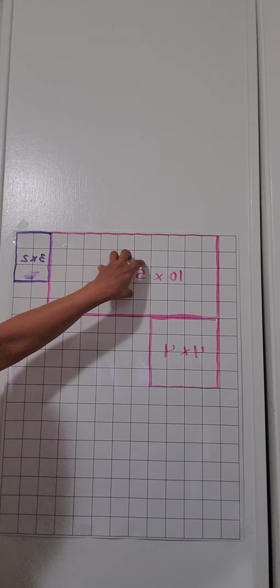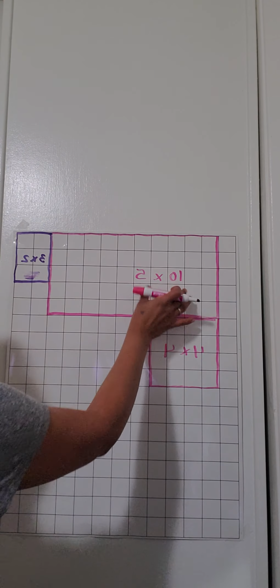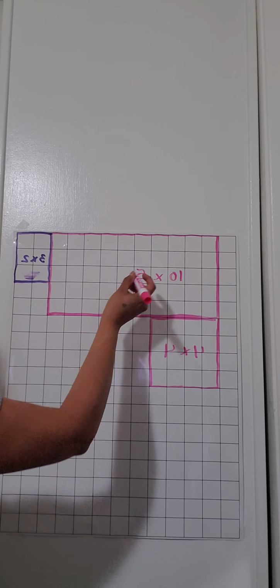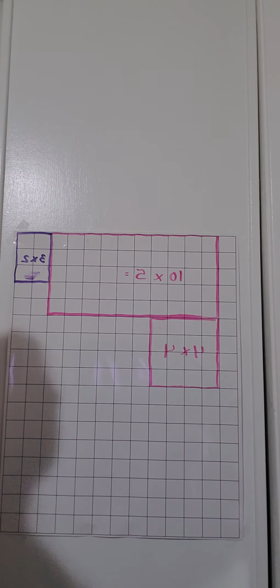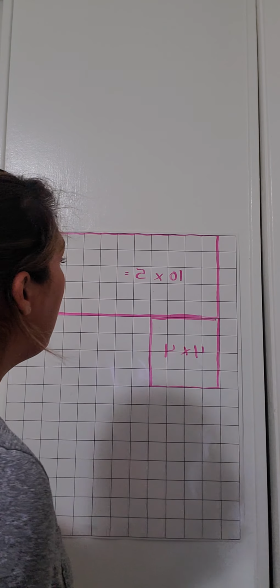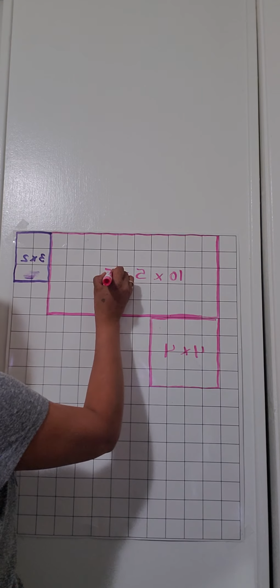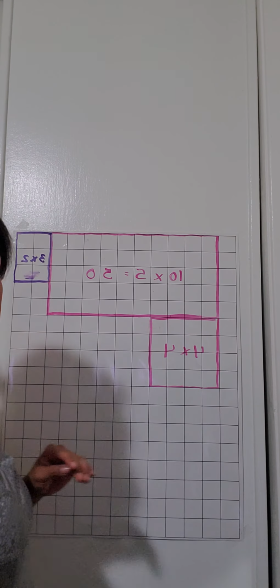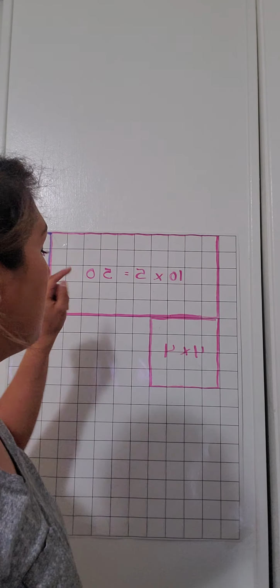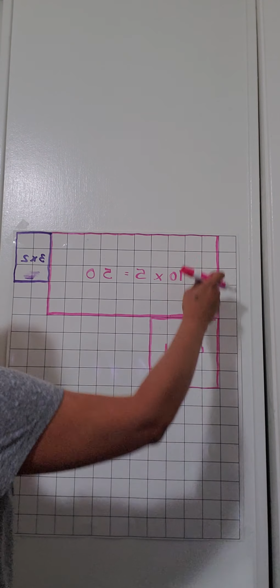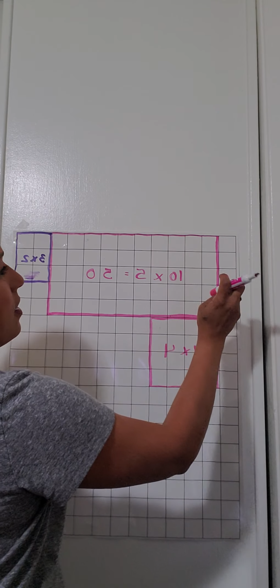Okay, so the area here of our first one, we have 10 by 5, or 10 times 5. If we counted by tens 5 times, 10, 20, 30, 40, 50, that would give us 50. So the area of this rectangle is 50. And the way that you could check that is by counting each of the squares.